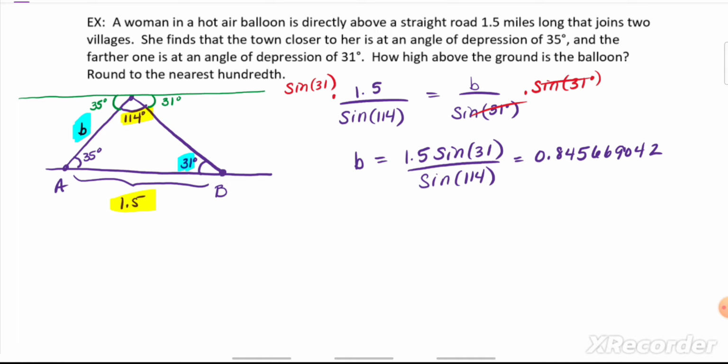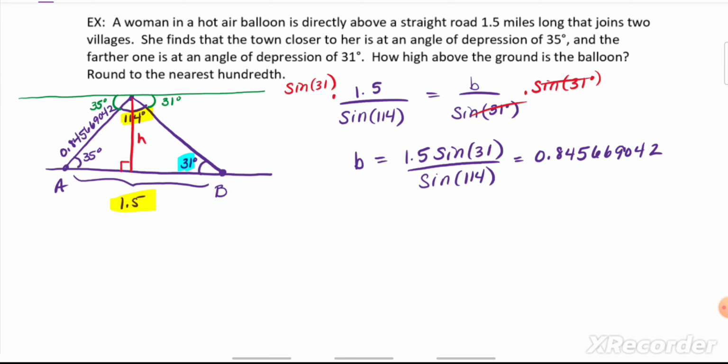All right, so now we have this side B. And I'm going to bring my height line back into the conversation, because this is what we're trying to find.